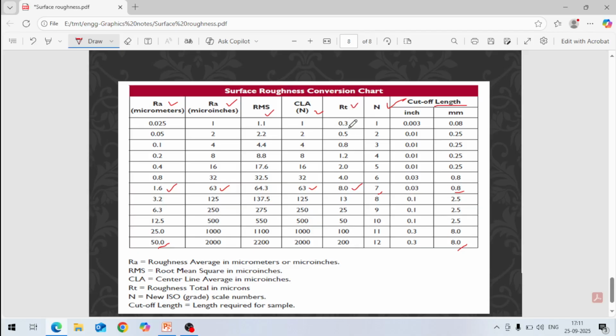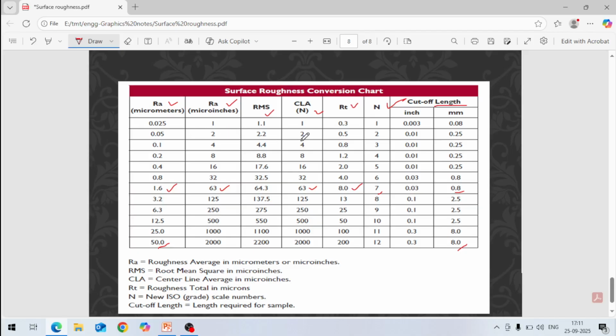How much is the RT total roughness? If you see here, 0.3 mm. In the first row, it is 0.025 and it is 0.3, approximately 10 times like this. 0.05 and it is 0.5. It is almost 10 times.